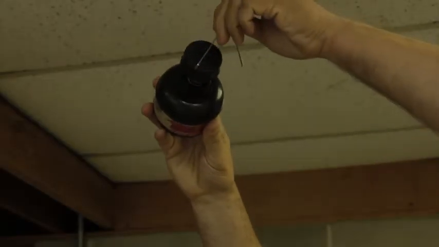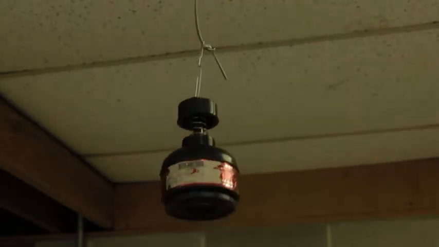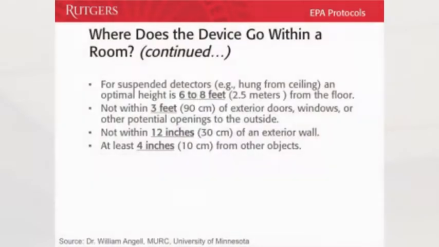Now, if there's no place on the floor to place it, you might find the only way to put it somewhere is to suspend it from the ceiling. And here we've got a device suspended from the ceiling. If you suspend it this way, we want it in the general breathing zone, which is 6 to 8 feet off the floor.